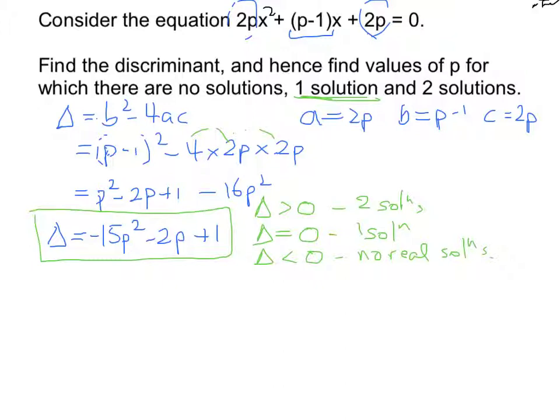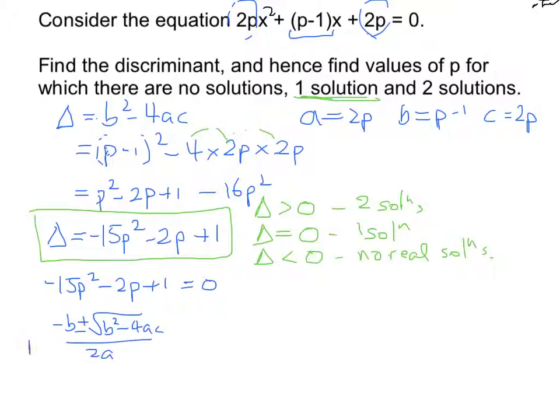So what we need to do is set that discriminant, treating it as a quadratic function, equal to 0. So negative 15p squared take away 2p plus 1 equals 0. And then we'll apply the quadratic formula to this: negative b plus or minus the square root of b squared take 4ac all over 2a.